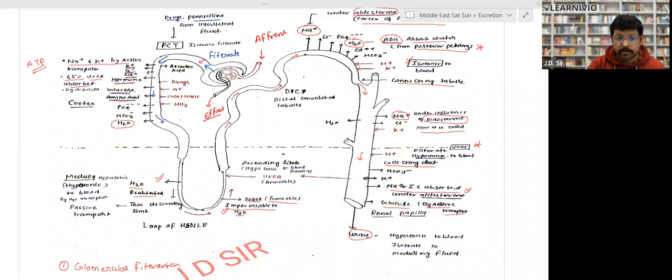Iso means equal, tonic means concentration. If any liquid has a higher concentration than another one, the higher concentration liquid will be called hypertonic, and the lower concentration liquid will be called hypotonic. Is it clear? Hypo means dilute, hyper means concentrated, and iso means equal concentration.